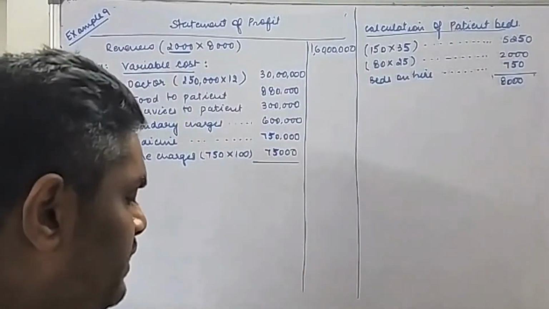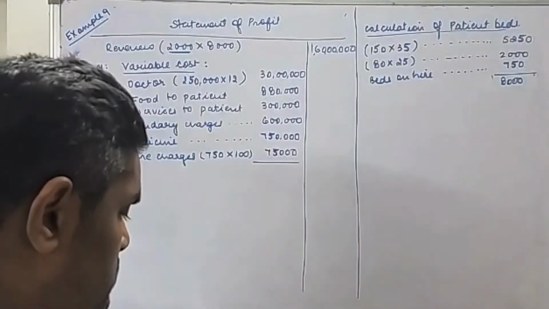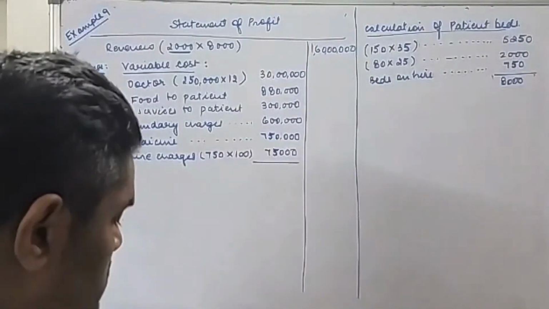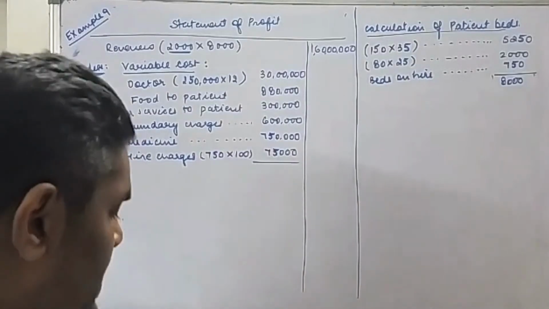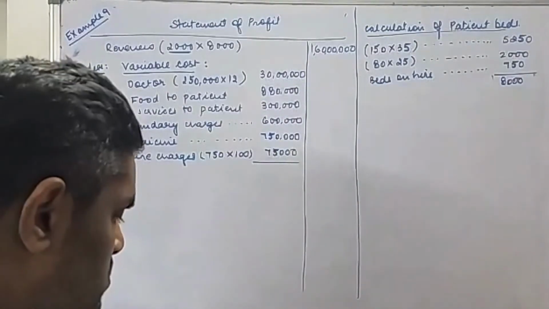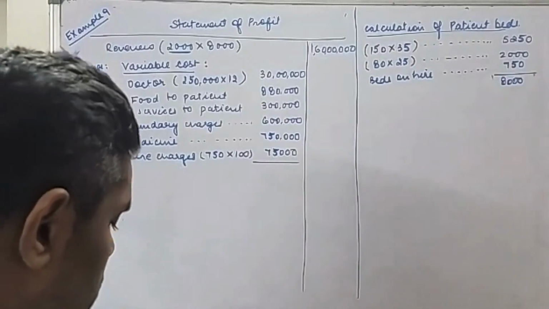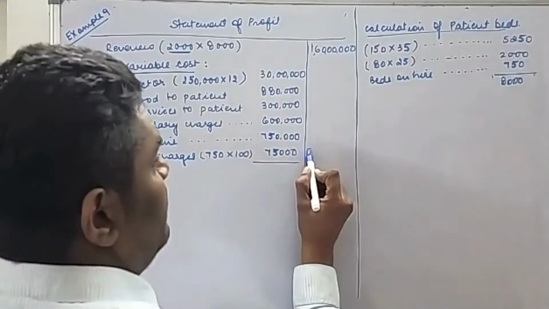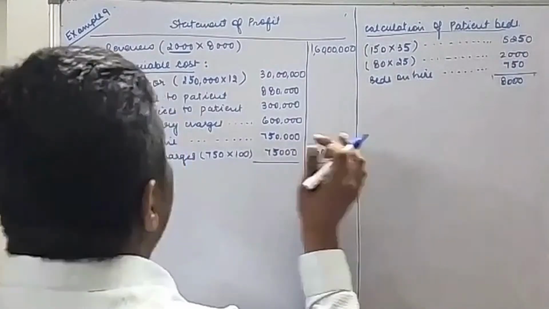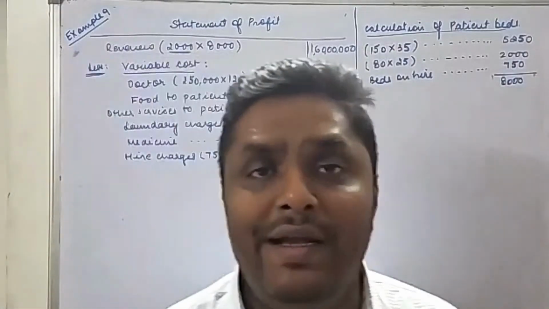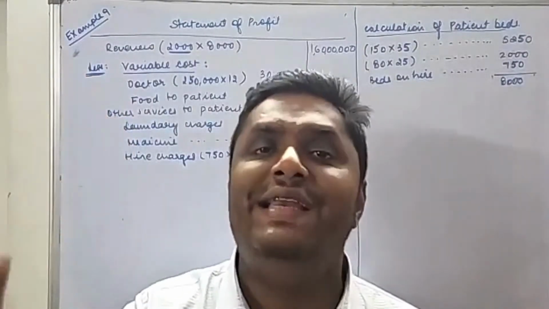So let's calculate the total: 30 lakh, 8,80,000, 3 lakh, 6 lakh. So this will be 56 lakh 5,000. Now see, there is a term, we call it contribution. It is sales minus variable cost.